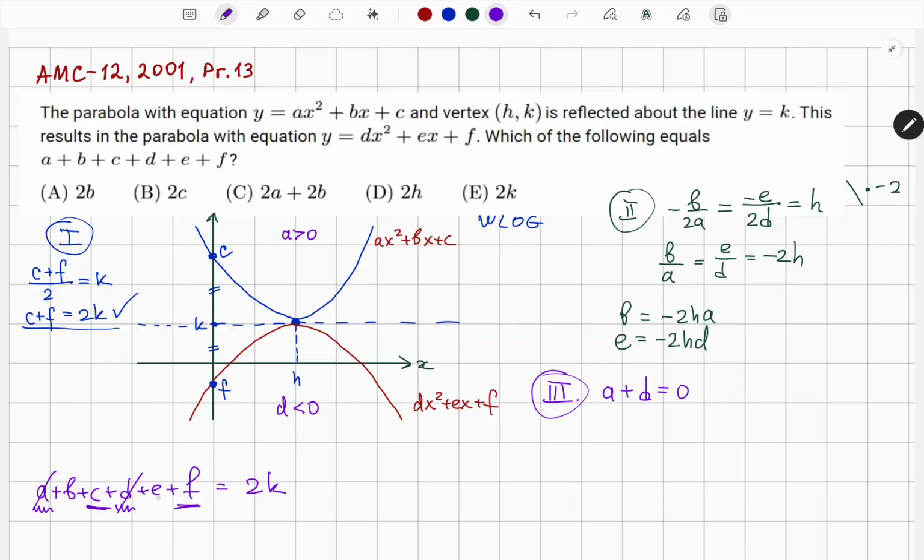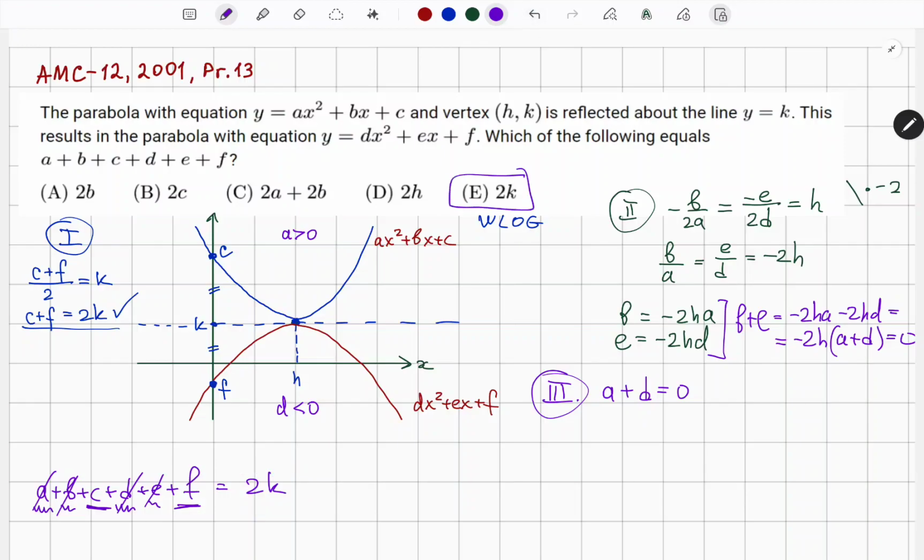Let's take a look at b plus e. It's minus 2ha minus 2hd. If minus 2h is taken out, what I have inside the brackets is a plus d. It's 0 again. So b plus e is 0 again, and they cancel out again. So the result is 2k, just 2k.